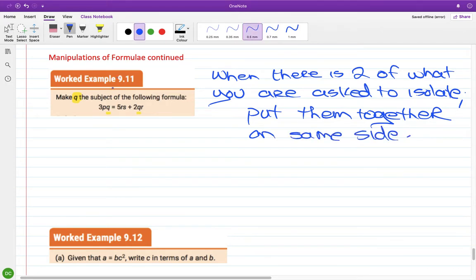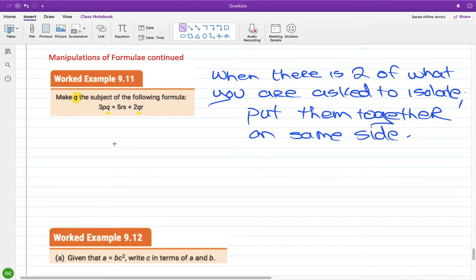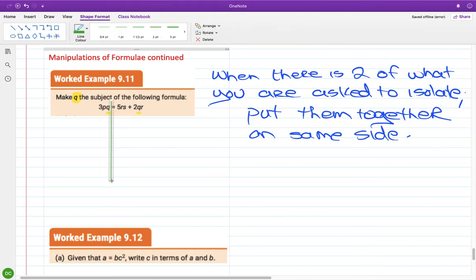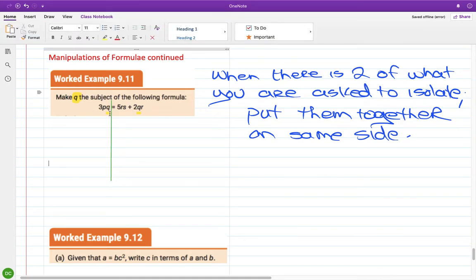Okay, so if I just put the line in here on my equals, it's a bit off, but it's grand. So this 3pq, which contains the q, is on the left hand side, but obviously this one's over here.